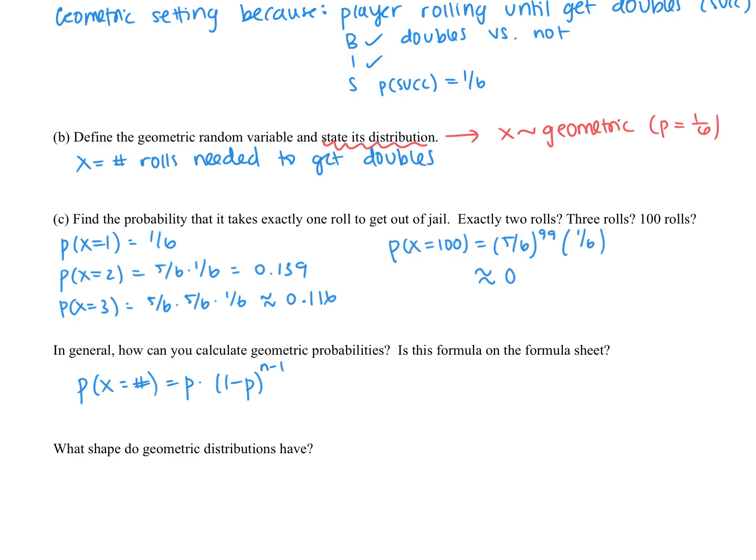So this is my 1 success, everything else is a failure. Is this on the formula sheet? Yes, it is, along with mean and standard deviation. The mean is just 1 over p. Standard deviation is the square root of 1 minus p over p.